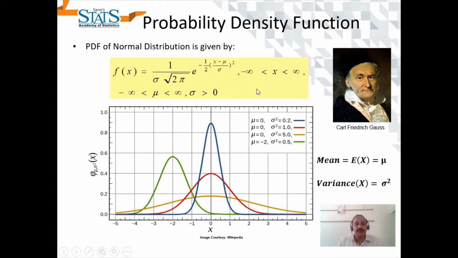We can easily prove that expected value of x for this distribution is mu and variance of x for this distribution is sigma square with the help of integration expressions. You will also see that this distribution has a bell-shaped curve.